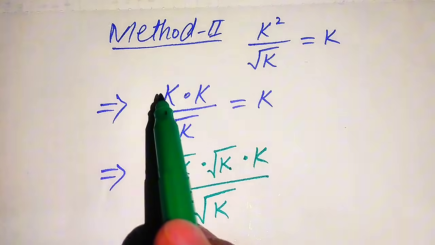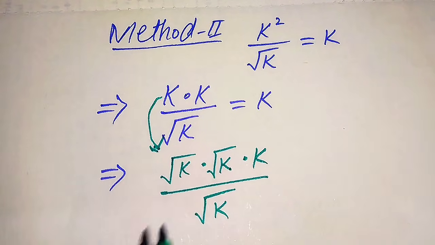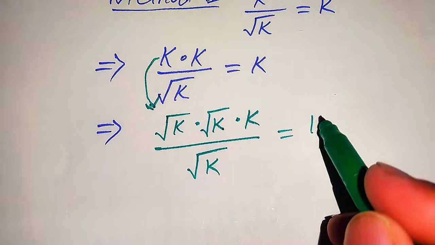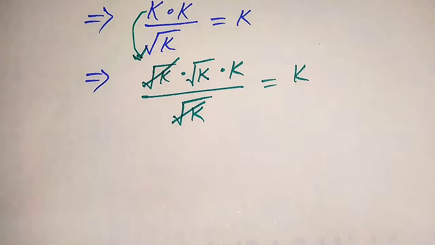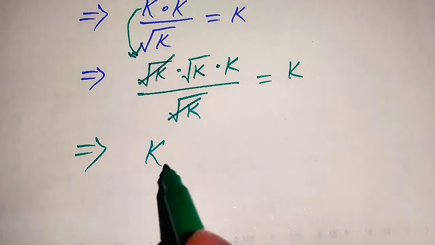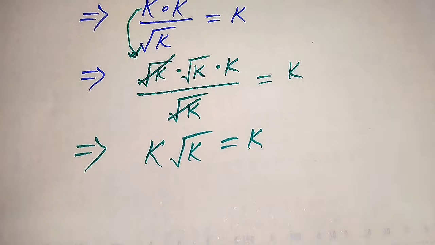So we write this k in the form of a product of two square root terms. In the right hand side we have k only. So this square root of k and this square root of k cancel out by each other, and from here we obtain k times square root of k is equal to k.